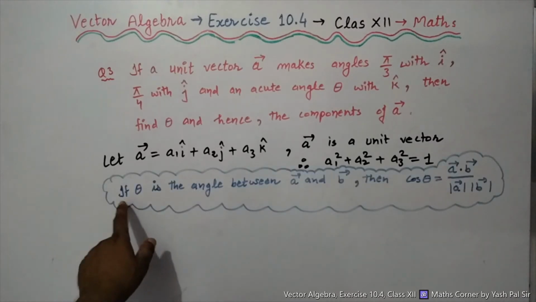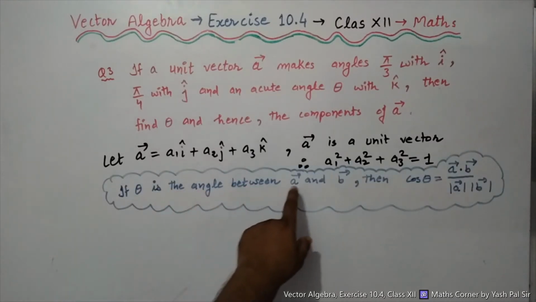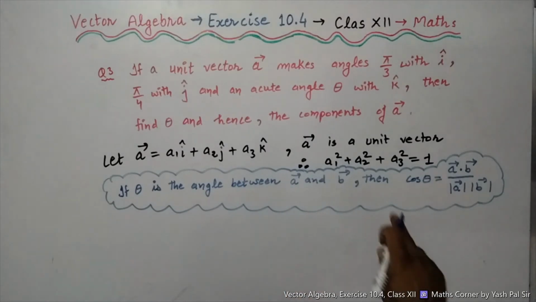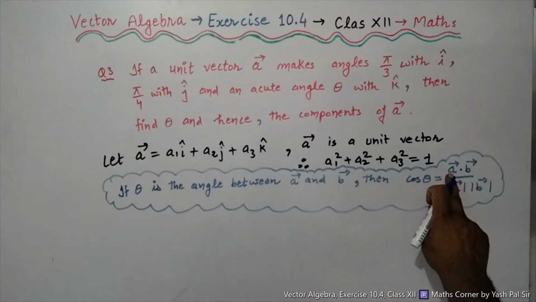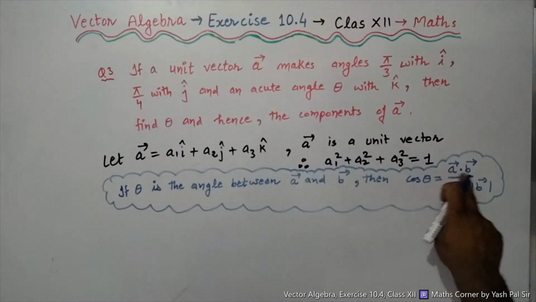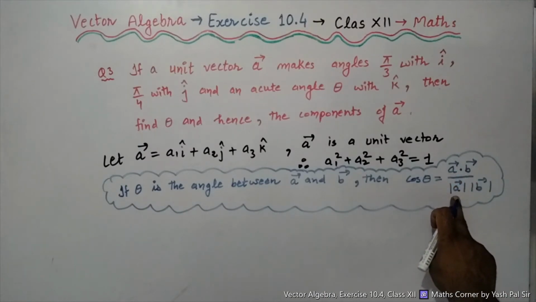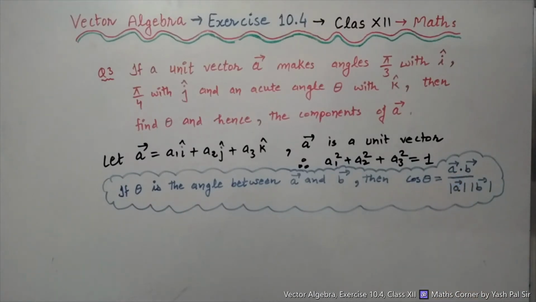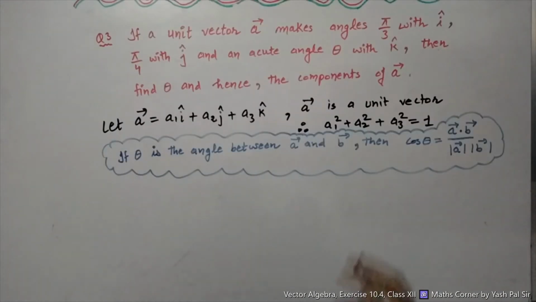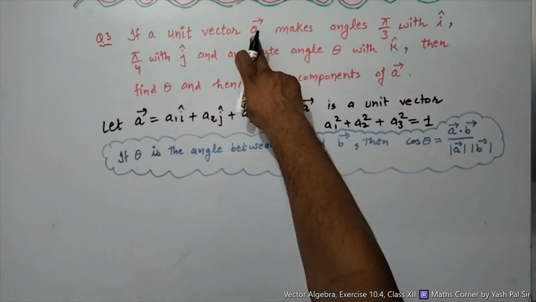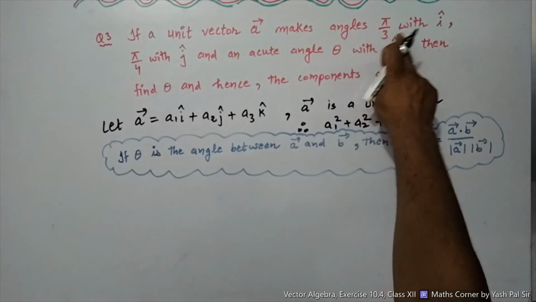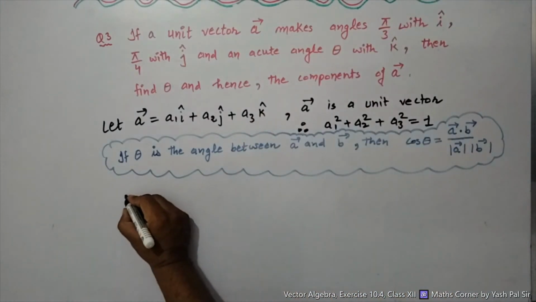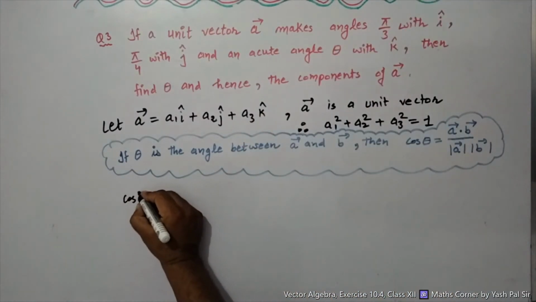Now we use the formula. If theta is the angle between vector A and vector B, then cos theta is equal to the dot product of vector A and B divided by the product of their magnitudes.